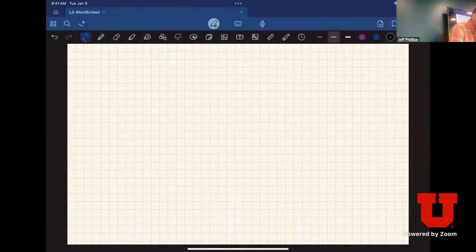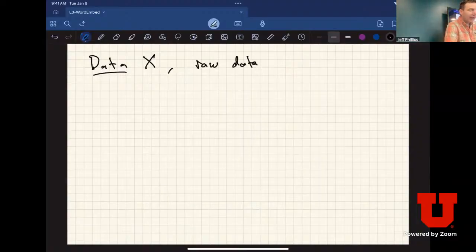All right, so we're going to be going from our data X, which is some raw data, and each x_i will be an element here. But this raw data could be a column in a table, it could be images, it could be text, it could be a combination of these things, it could be spatial data.